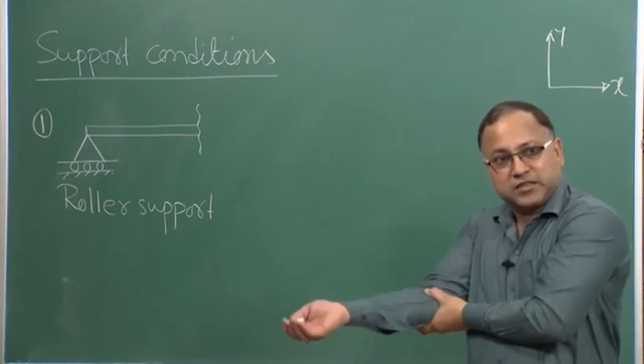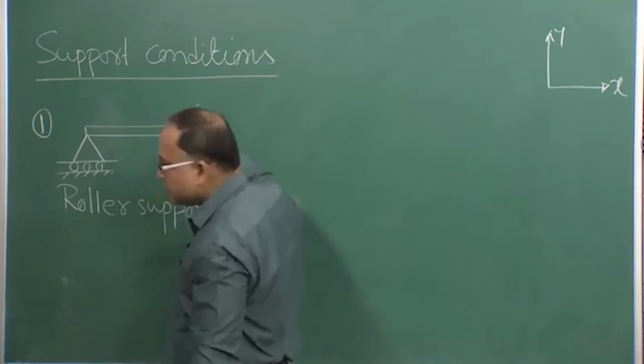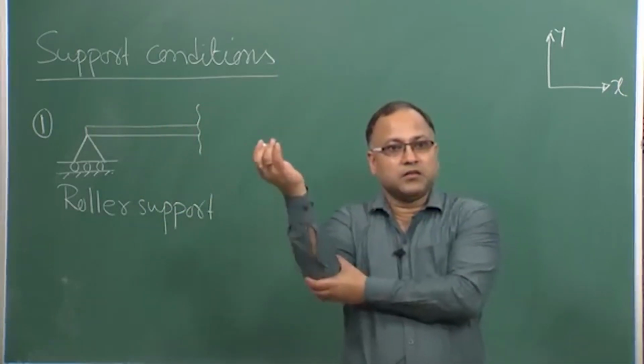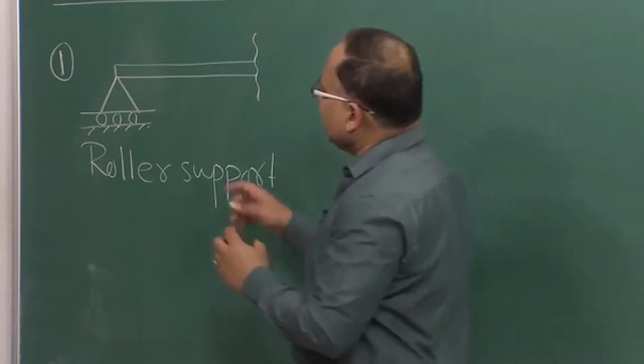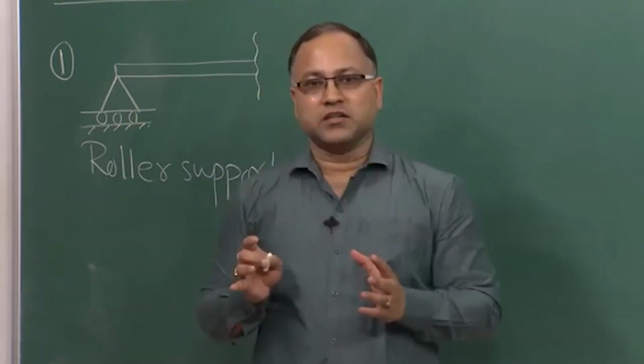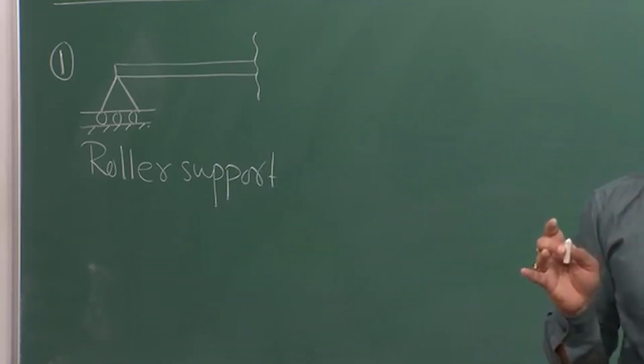So, the beam can rotate with respect to this point, like this hinge. So, this hinge basically will give me the rotation, and rotation generally happens due to the moment.